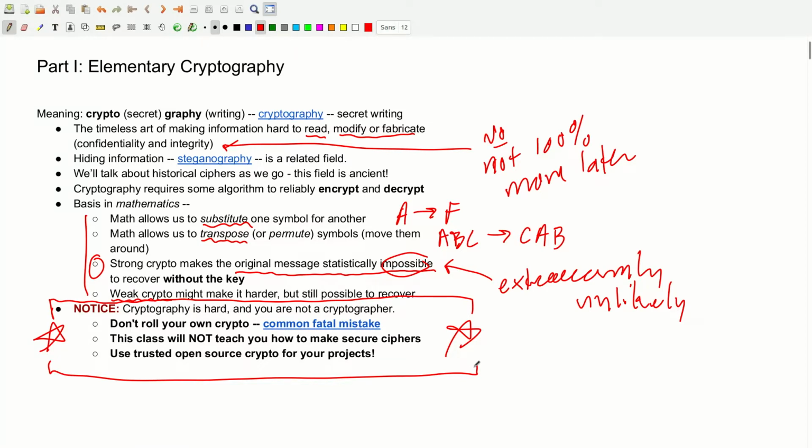Don't ever use them for something good, because people regularly invent their own crypto algorithms that then have some fatal flaws, and then terrible things happen. Things leak out that aren't supposed to. This class is not going to teach you how to make secure ciphers. Instead, use trusted open source crypto like AES for your projects. We'll talk more about all of this later, but do not invent and use your own crypto for anything meaningful.